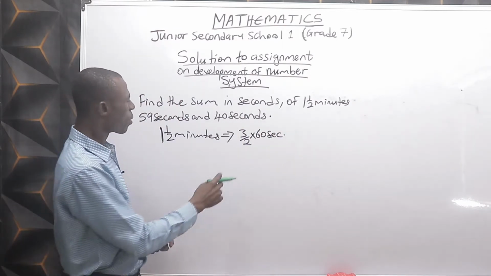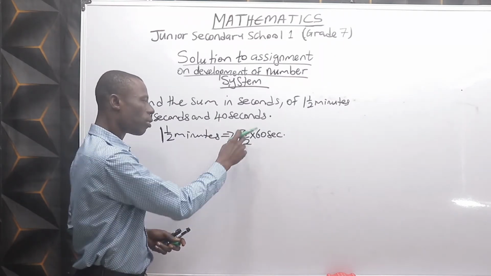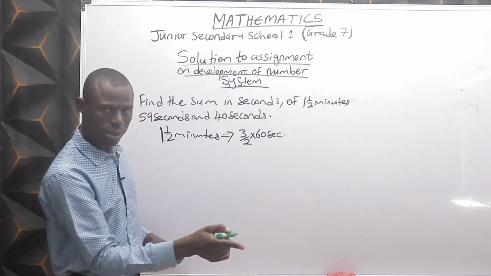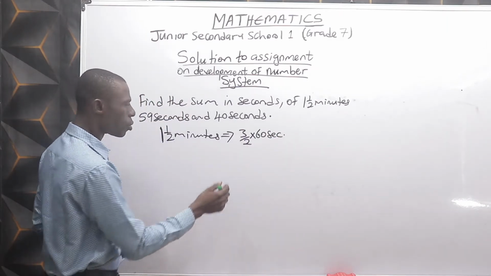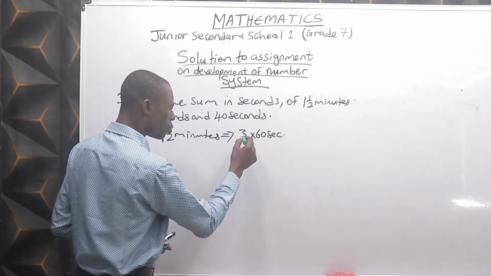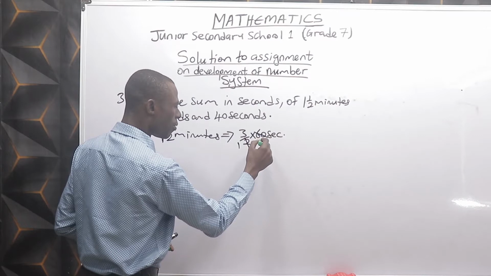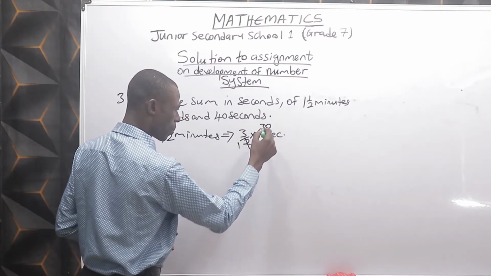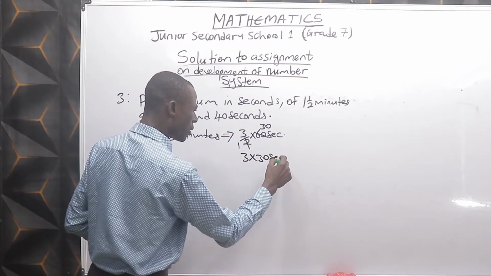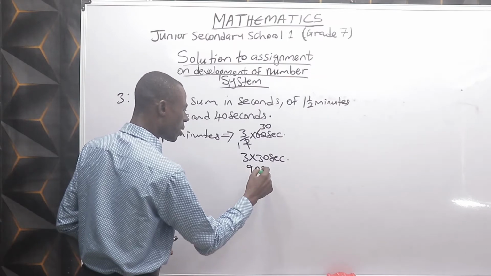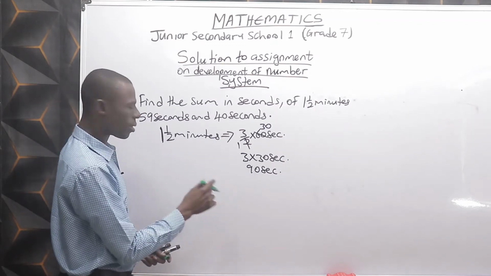How and why? If you write 3/2 minutes as 3/2 times 1 minute, 1 minute is the same thing as 60 seconds. So 2 divided by 2 gives us 1. 60 divided by 2 gives us 30. So we can now write 3 times 30 seconds, which is 90 seconds. That is the minutes converted to seconds.